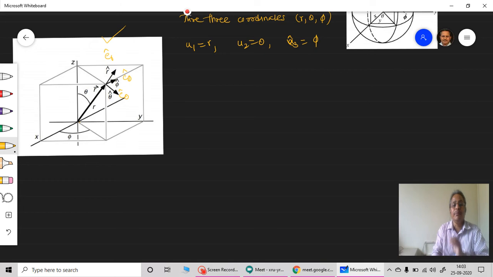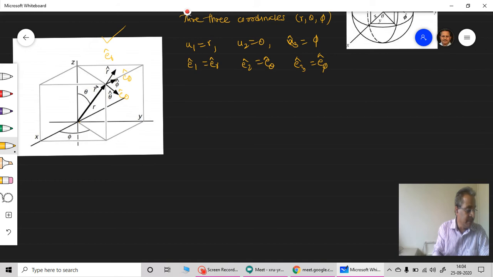And e1 cap is equal to er cap, e2 cap is equal to e theta cap, and e3 cap is equal to e phi cap. So these are the three unit vectors in the directions of increasing r, increasing theta and increasing phi.